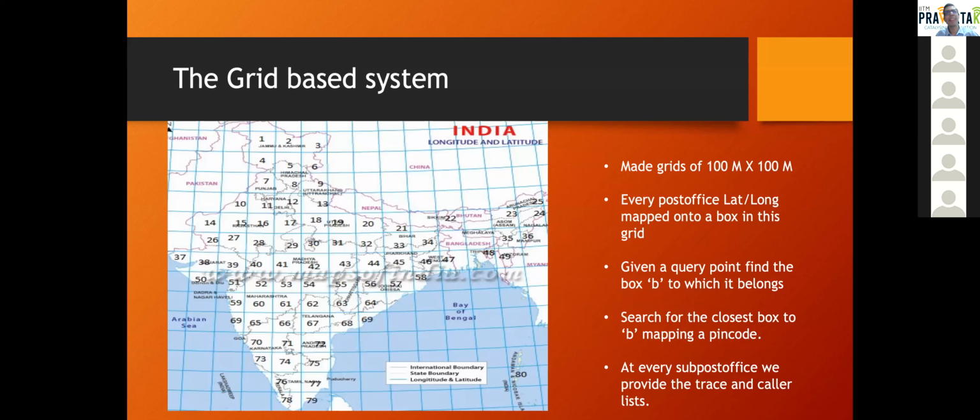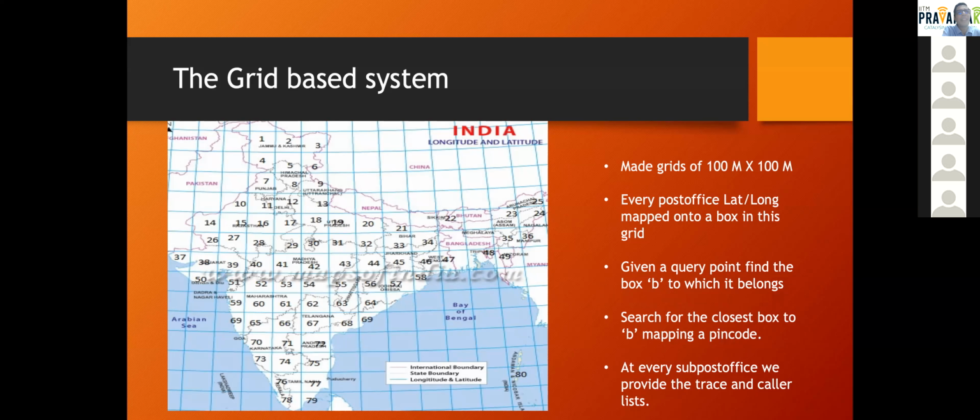This is how we did it. This is a very simple exercise. We divided the whole of India into 100 meter by 100 meter grids. This is a huge grid, this is a very small one, but it will be much more minuscule than this. So we have divided the whole of India into 100 meter cross 100 meter grids, and there will be several thousands of these grids. And every post office lat long is mapped onto a box in this grid. So every lat long can be in one of these grids.